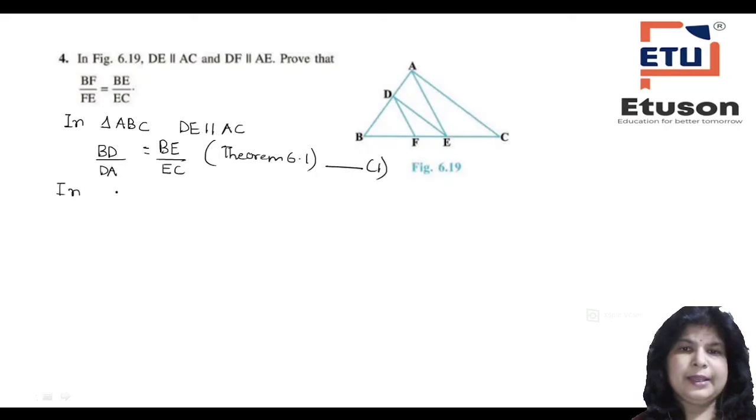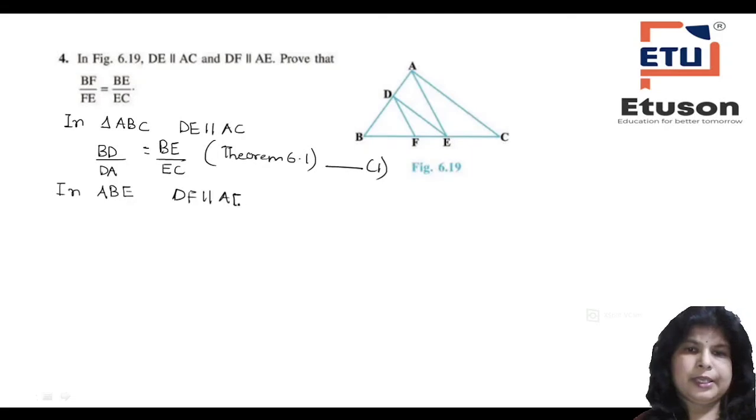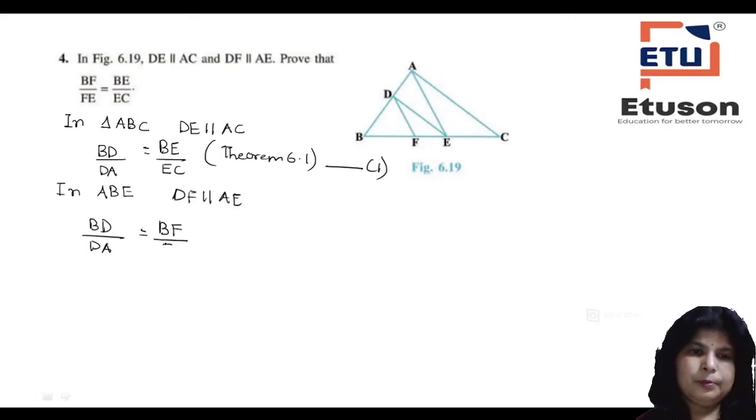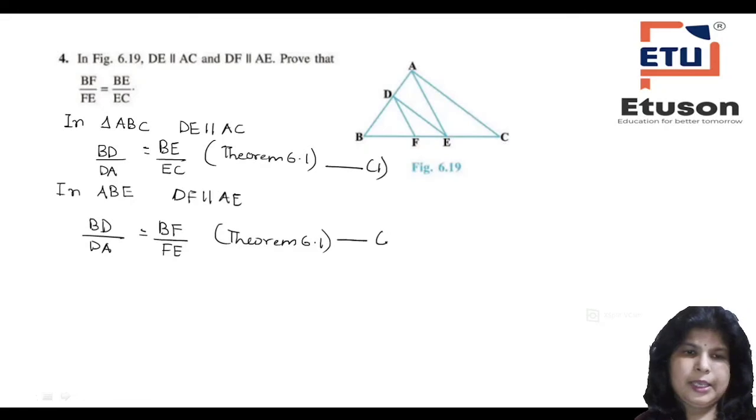Now, in triangle ABE, okay, you have DF parallel to AE. If DF is parallel to AE, it implies BD by DA is equal to BF by FE according to theorem 6.1 again, right?